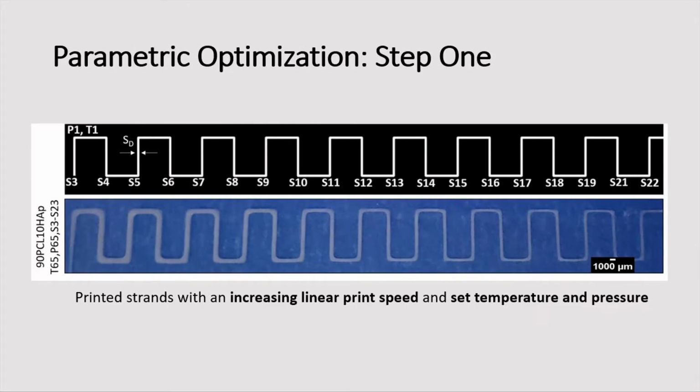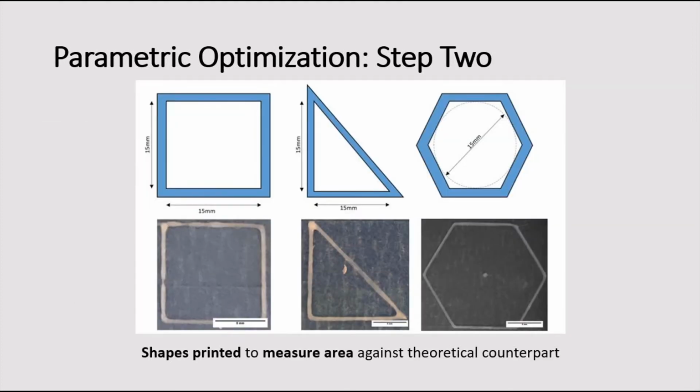To validate printing parameters, parametric optimization for each powder composition was carried out in 2 steps. In the first step, printed strands were photographed and measured using ImageJ to identify parametric combinations of printing pressure, speed, and temperature that yielded strand widths between 360 to 440 microns.